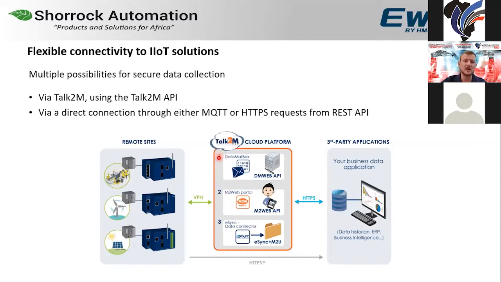So the first being a platform called Data Mailbox. This permits data from various remote sites to be sent to the Data Mailbox cloud platform, where the data will then be buffered. And then by means of REST APIs, the historical data could then be fetched and interpreted or brought into a third-party ERP system, for instance.